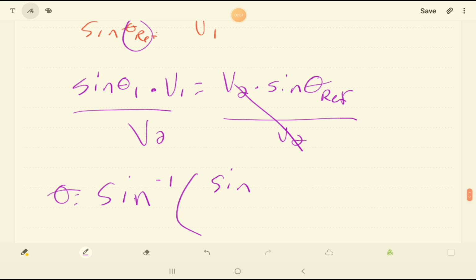And so when I plug that in, I have my theta of incidence, which is 50 degrees as outlined by the question, multiplied by the initial speed, which was 0.27 meters per second.